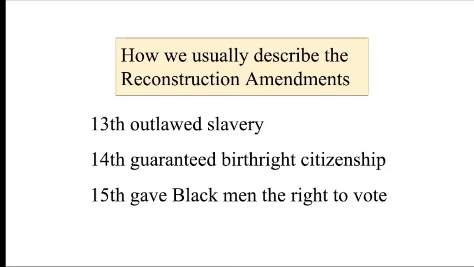The white South met it with poll taxes and other legal machinations to make it difficult or impossible for Black men to vote. The 15th Amendment directly addressed the voting rights of Black men, but white Southerners found ways around that as well. This is generally the way we describe what the amendments did: outlawed, guaranteed, gave.